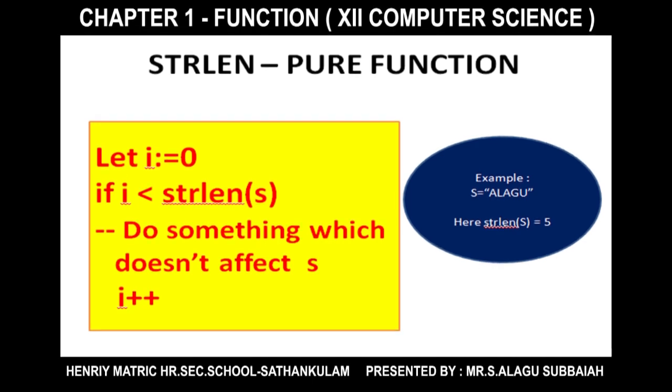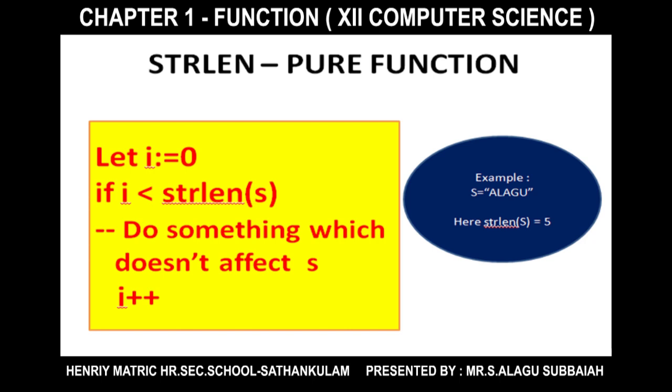Now I come to the program. Here initially we take the i value equal to 0. Then I compare the i value with strlen of s. So the compiler checks whether the i value is less than strlen of s or not. It finds out strlen of s the first time.